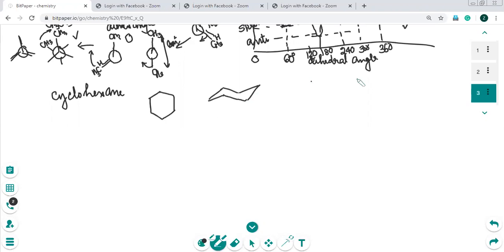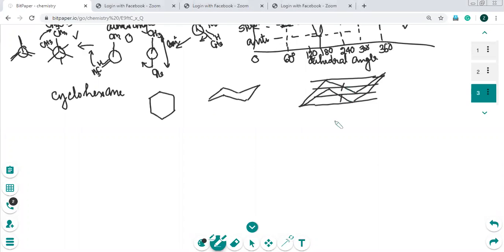What you can do is, see here, draw 4 lines, 1, 2, 3, and 4. Now, you start from here. See here.